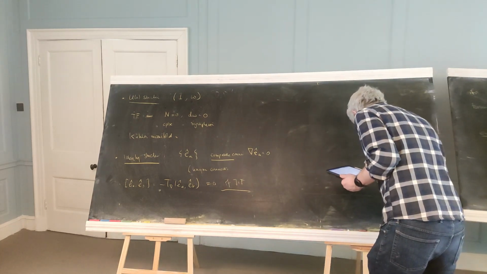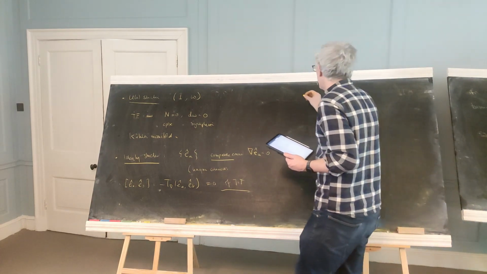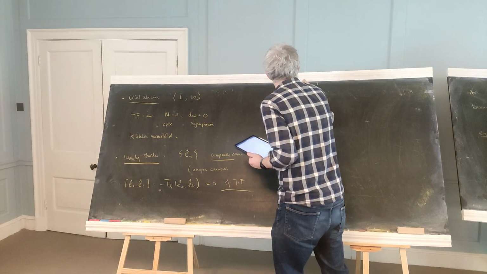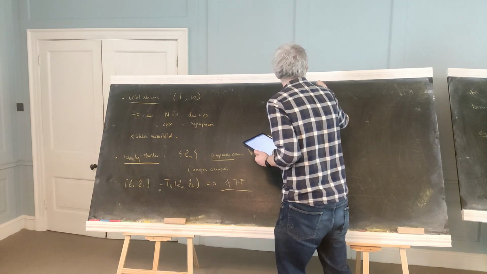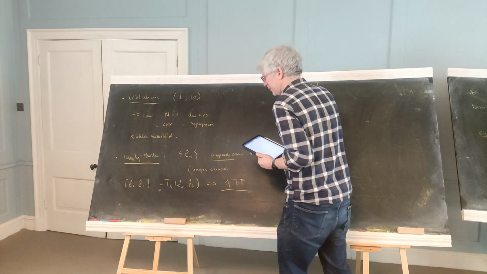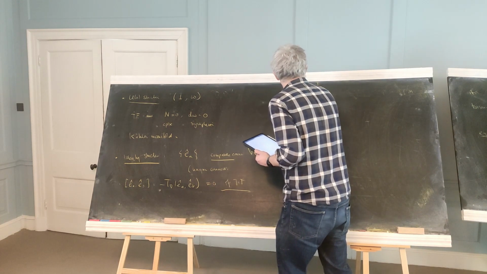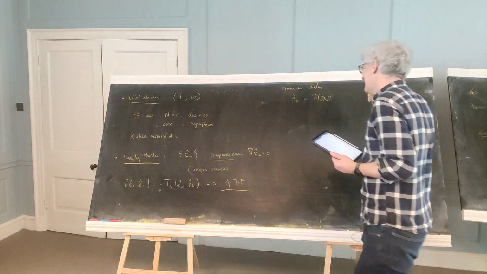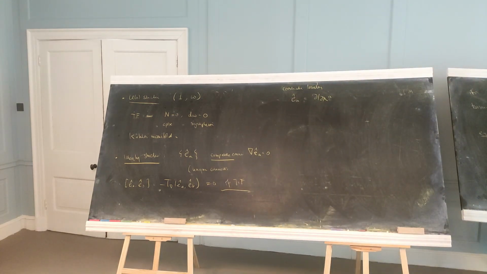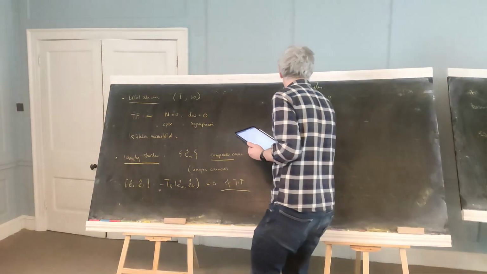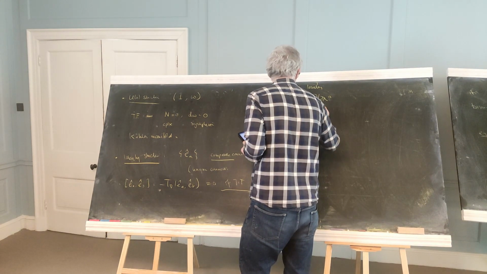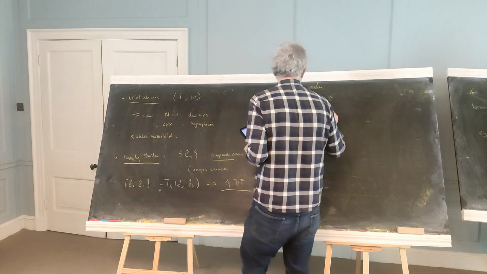That tells you that locally you can introduce coordinates such that the frame is just given by d by dx^a. And so the manifold is actually just R^n, R^d, quotiented.